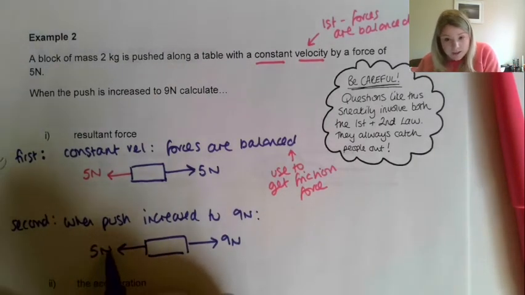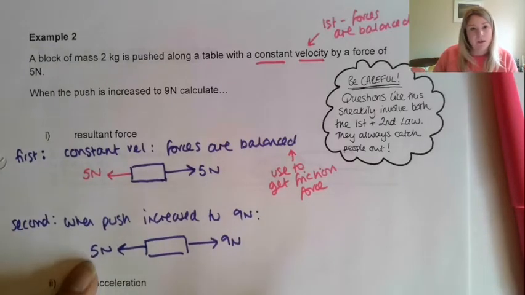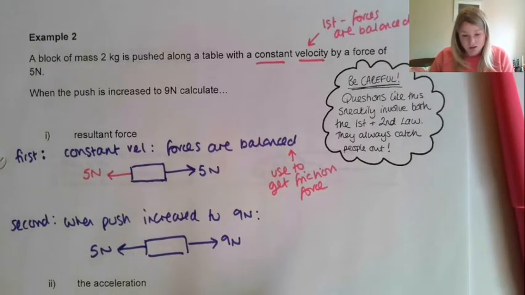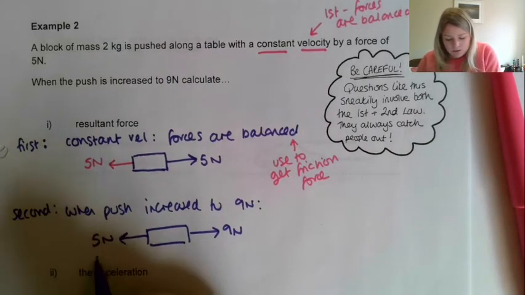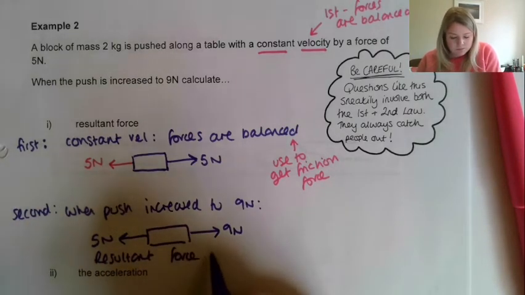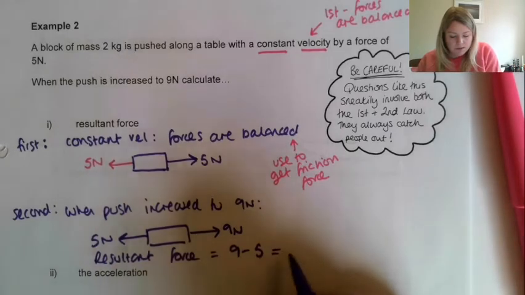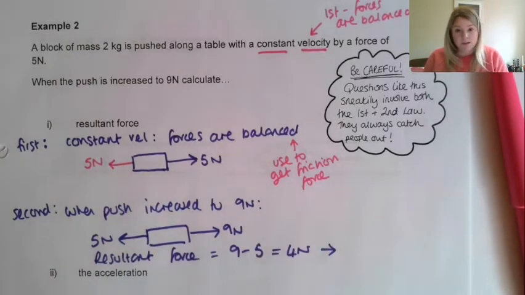So that is where that has come from, and this is the bit that catches everyone out, and I can understand why. Hopefully I've made it obvious to you. If not, remember, you can ask. So the resultant force is going to be 9 take away 5, which is 4 newtons to the right.